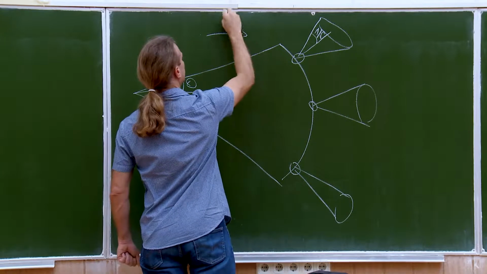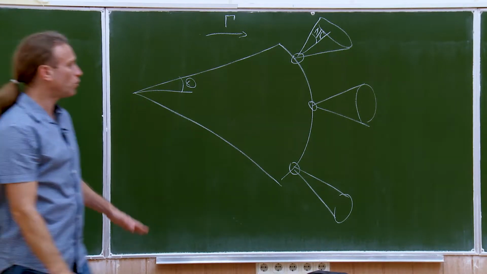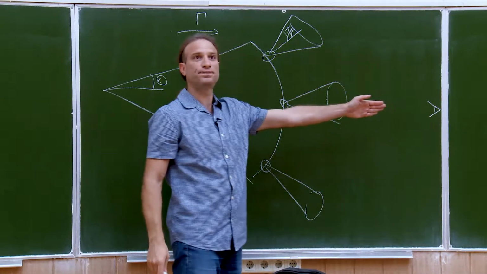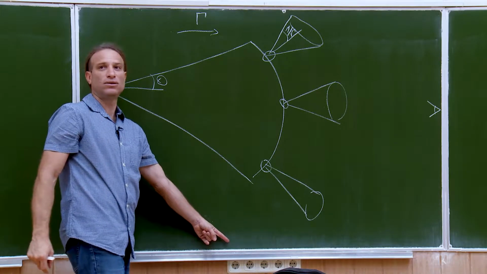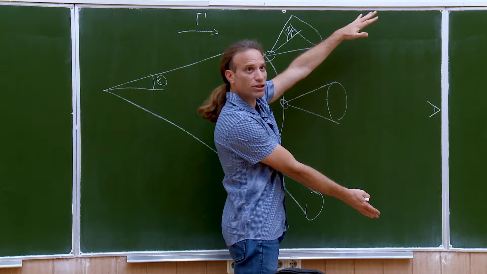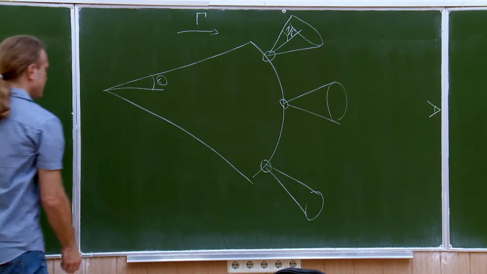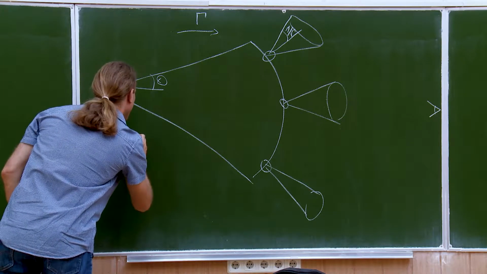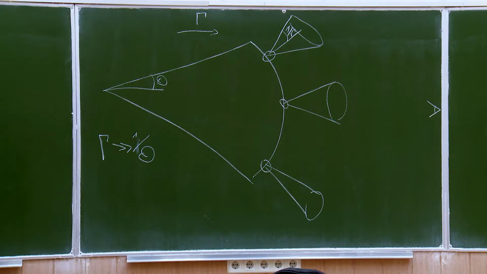Okay? The observer, of course, an observer that is located here will see the emission. An observer that is located over here on the side will not see the emission, because all the emission is beamed to this direction. Now, as long as gamma is much larger than 1 over theta, okay?